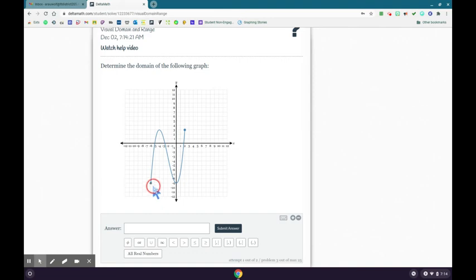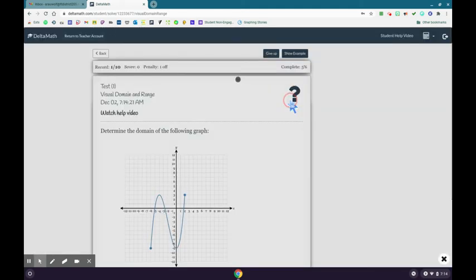So this one, the leftmost side is right here at -6, and it's a closed dot. So I have a bracket, -6, and this goes all the way until right here at 2, and it's also a closed dot. And I'm going to submit my answer. Hopefully it's right. It'd be embarrassing if it wasn't. And it is. So that's how you do domain and range.